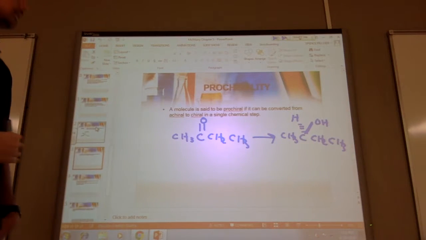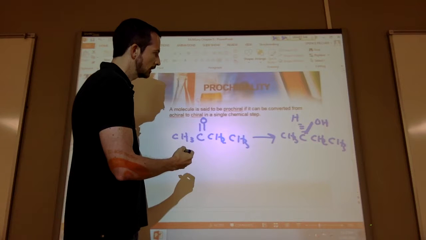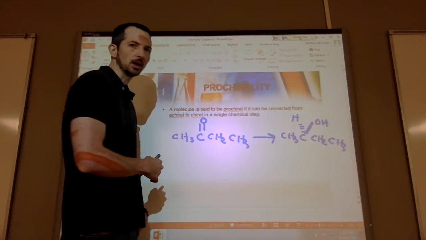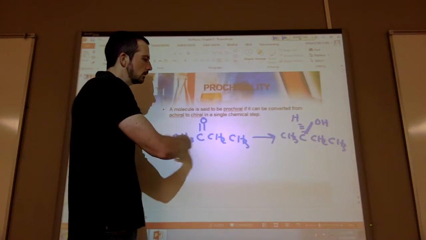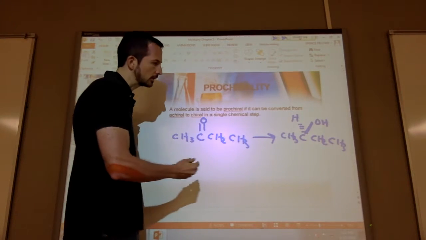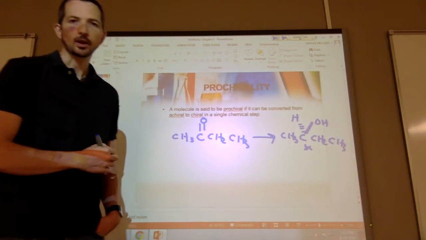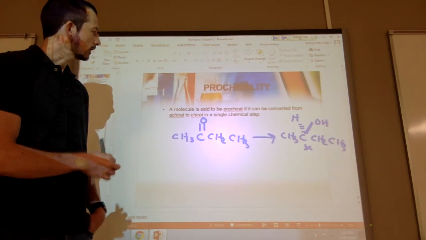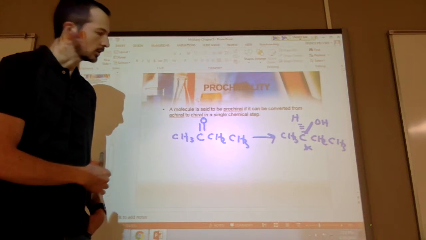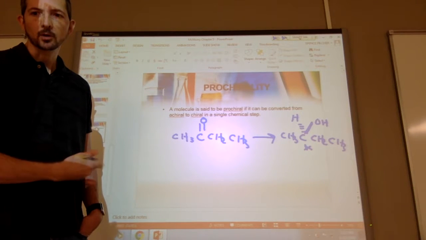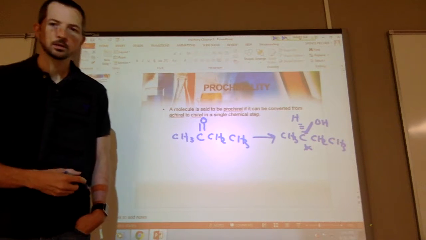In this reaction, I'm adding hydrogens to my pi bond there. And so here, no chiral centers. After this reaction is complete, I see a chiral center. So a single chemical step makes a chiral center, so this molecule is said to be prochiral.